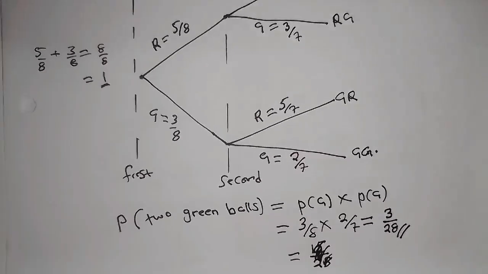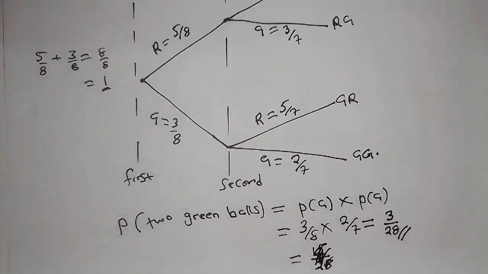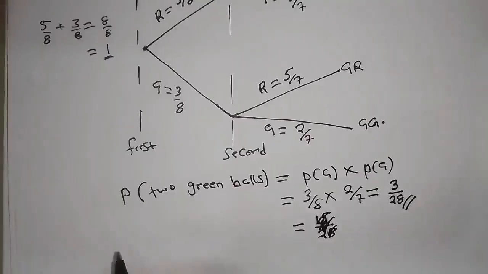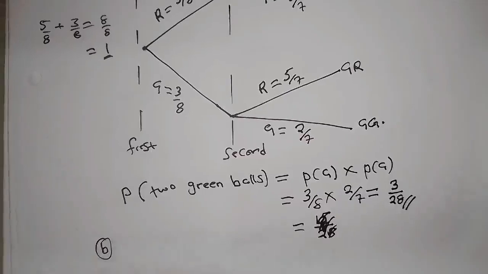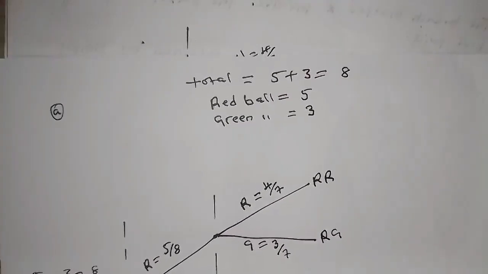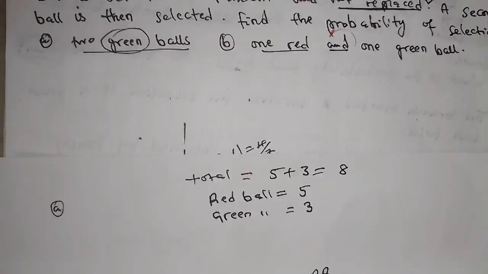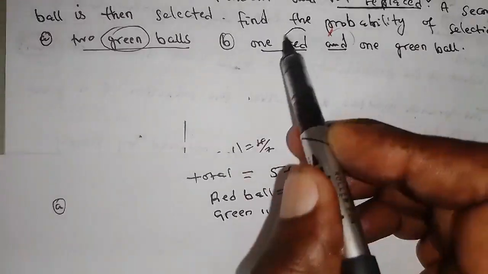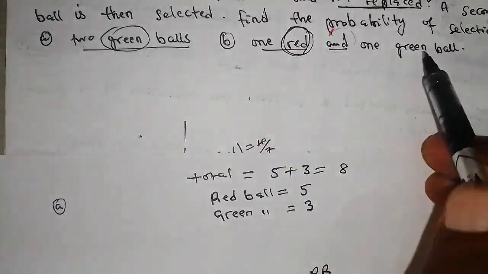Now, what about the second question? The second question is looking at a combination of 1 red and 1 green ball.